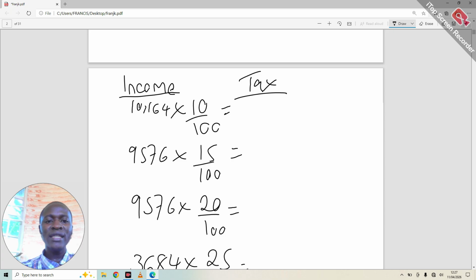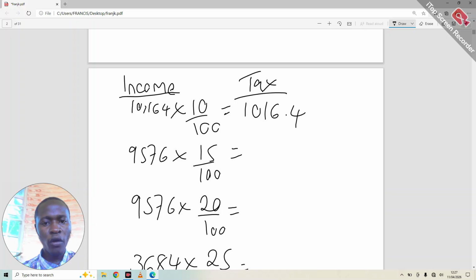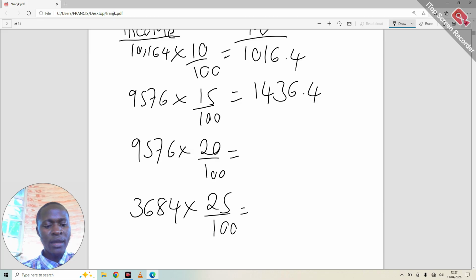Now let's get the tax. So 10,164 multiplied by 10 all over 100. We shall have 1016.4. 9,576 multiplied by 15 over 100. We shall get 1436.4. 9,576 multiplied by 20 all over 100.